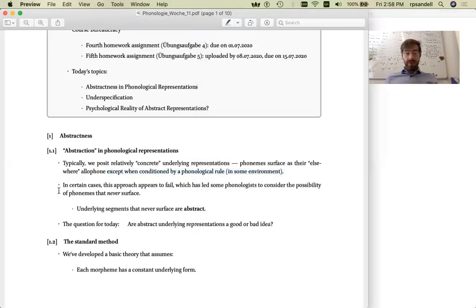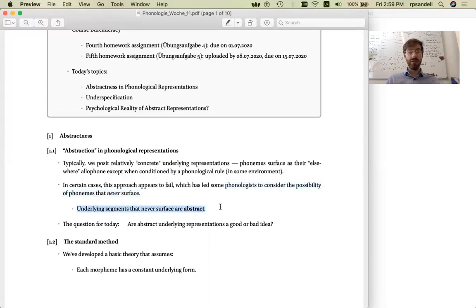Now, in some cases, and here we're first going to be looking at this from the phonemic perspective largely, we're going to see that this basic approach of dividing allophones into an elsewhere allophone and allophones that occur under specific conditions seems to fail. And this could lead us to posit some underlying phonemes that seem never to surface as such.